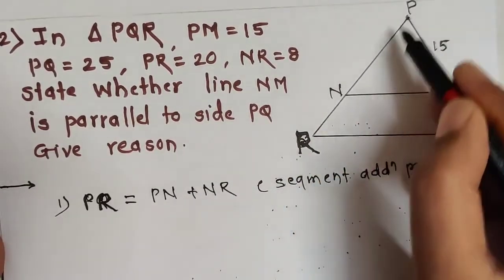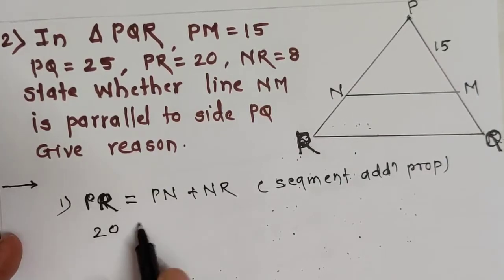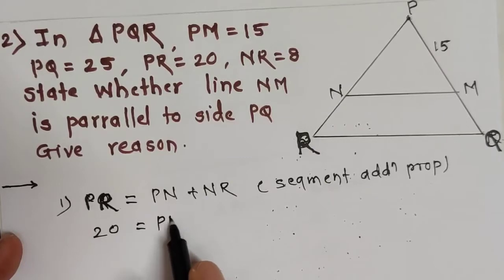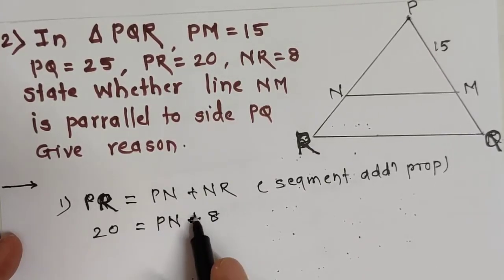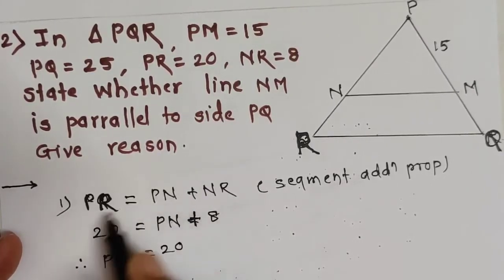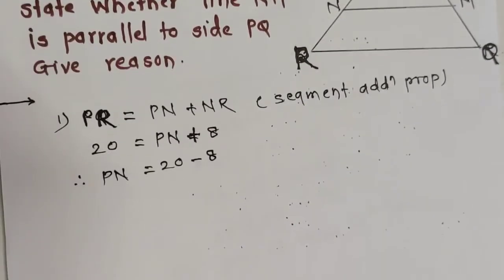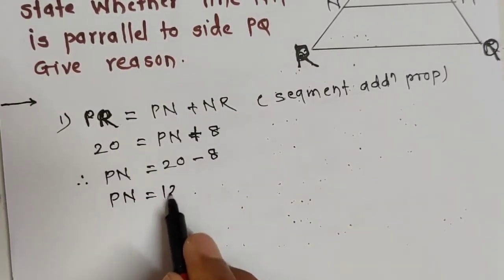This PR is PN plus NR. Now substitute the values. PR is 20, PN is not given and NR is 8. Therefore PN is equal to 20 minus 8. So we get PN is equal to 12.